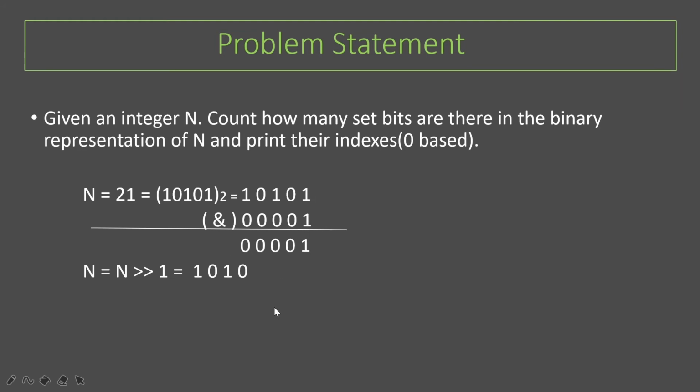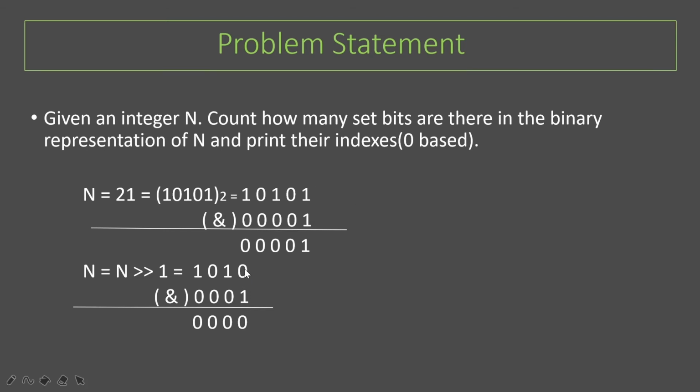We will do AND with 1. The bit in this index is 0, so the AND operation with 1 will give me 0. All the bits will be 0, so it means that the bit in this index is not set.